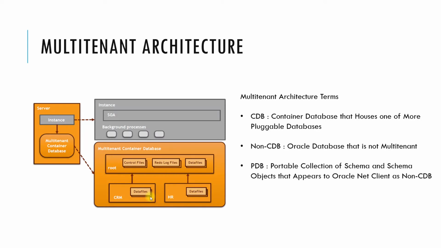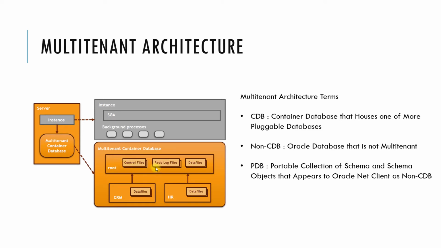Now for the multi-tenant architecture we have learned here: the CDB, as we already know, houses one or more pluggable databases, as you can see here. There is a container, this big box. Under it there is the CDB root.